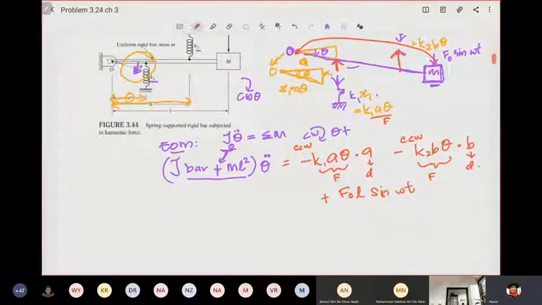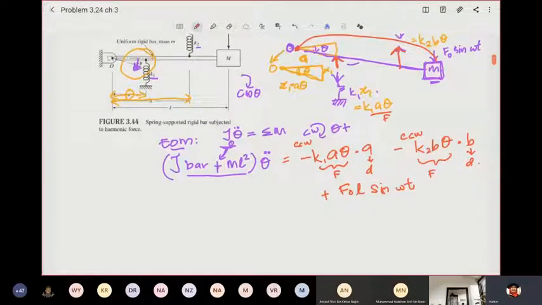Okay, but of course you need to shift. So the normal model is basically you have to write everything on the left hand side and leave the input on the right hand side. So what you have is your J bar plus ML square, J naught bar I call it, theta double dot.